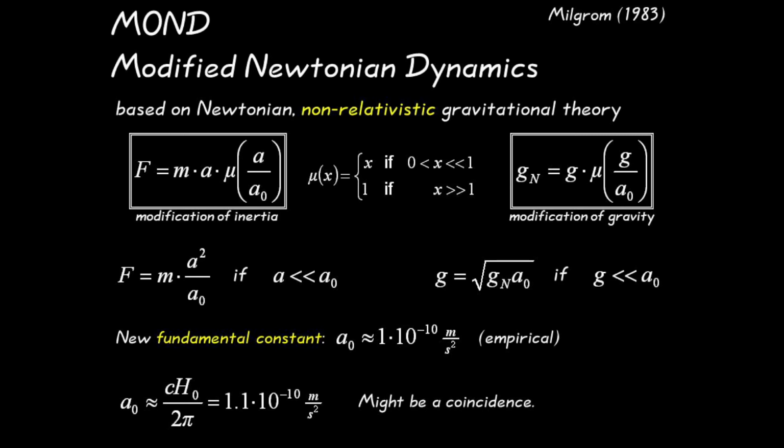And then the modification of gravity becomes G times mu of A over A0. And if you work out the math, you find a new fundamental constant, A0, is 1 times 10 to the minus 10th meters per second squared, which is definitely an interesting value here.